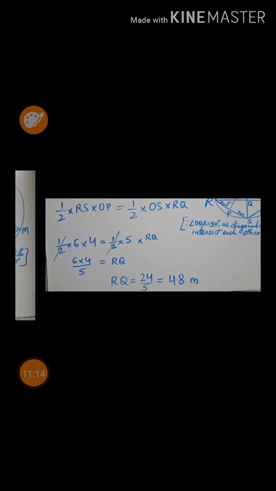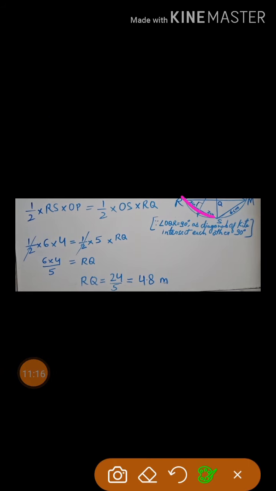RS we know is 6 meter, so we will write 6 here. OP we have already found, it is 4, so we are writing 4 meter. Now OS is the radius of the circle, so we will write 5. And RQ we don't know, so we will write RQ as it is.